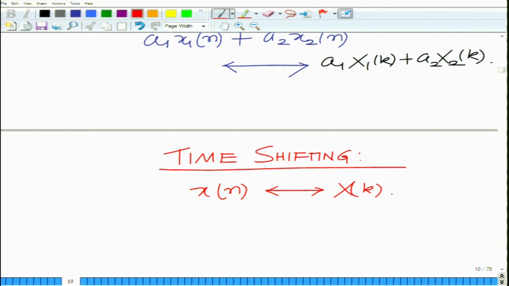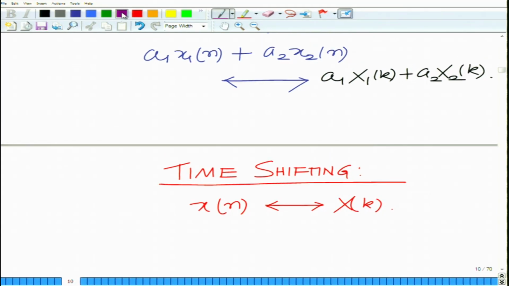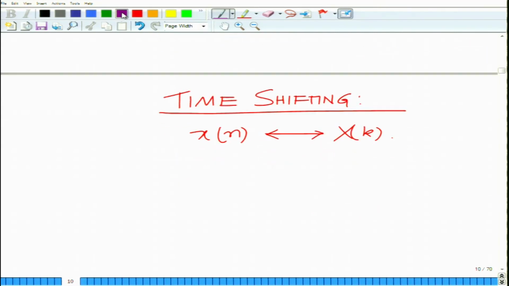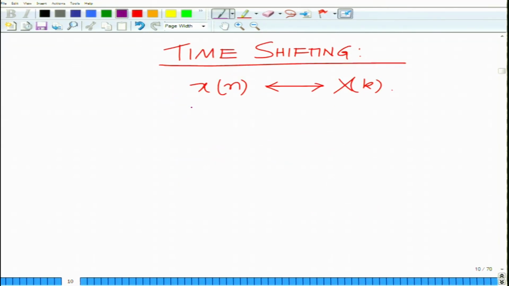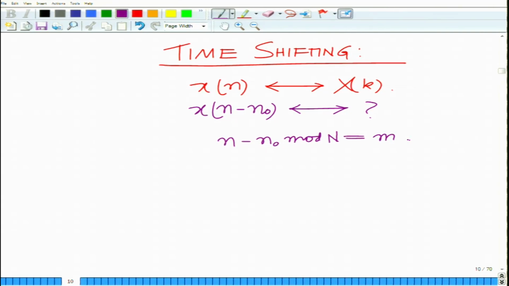x[n] has the DFT X[k]. What can we say about x[n − n0]? Let (n − n0) mod N equal m.